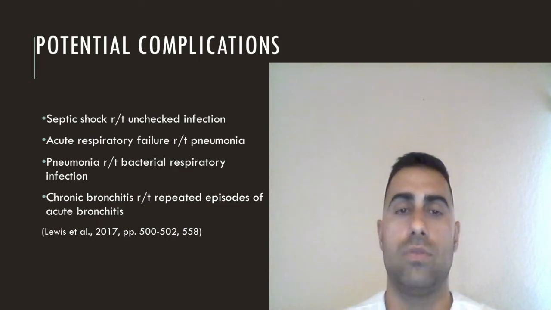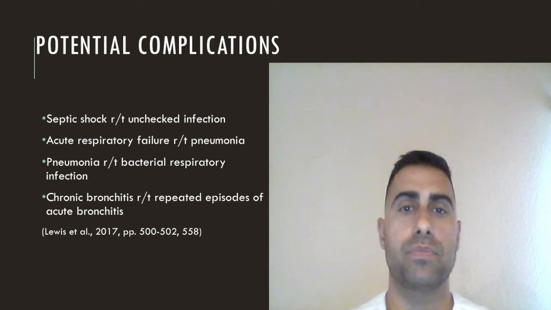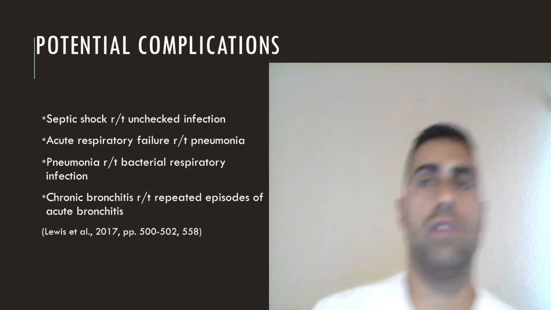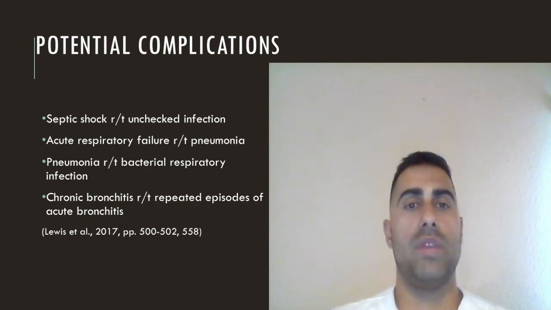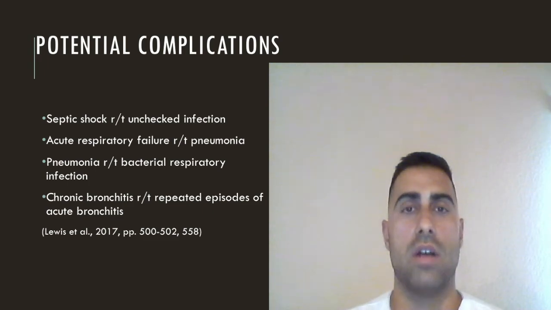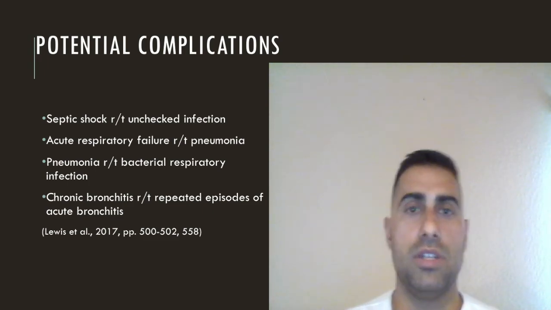Labs will have an elevated white blood cell count initially. And the partial pressure of O2 will also be decreased with the arterial reading. So we'll look at the arterial blood gases and see that the O2 is down because of that fluid in the alveolar spaces, causing a disruption in the diffusion of oxygen and CO2.